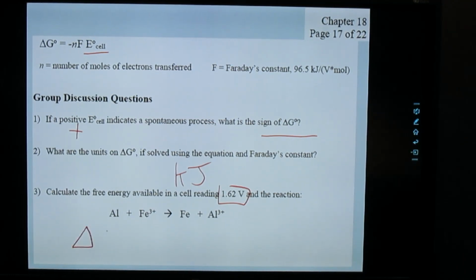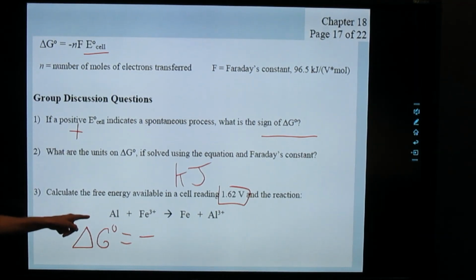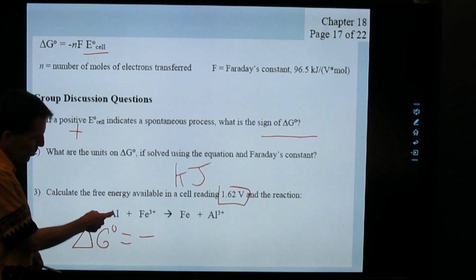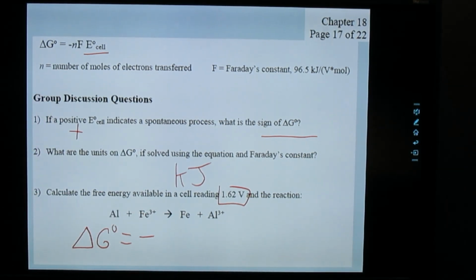Here's the math on this. Delta G naught equals negative. N in this case is 3 moles of electrons in that balanced equation because the aluminum loses 3, iron 3 plus picks up 3. So that's 3 moles.